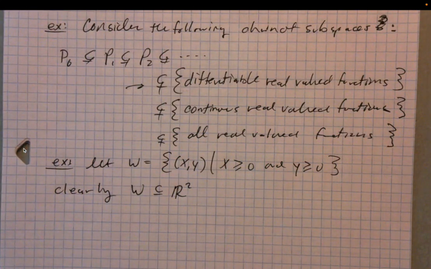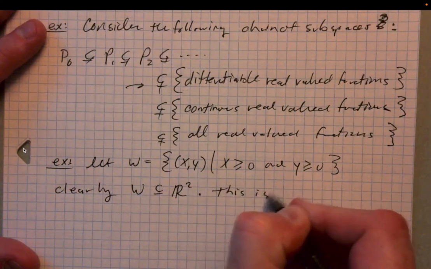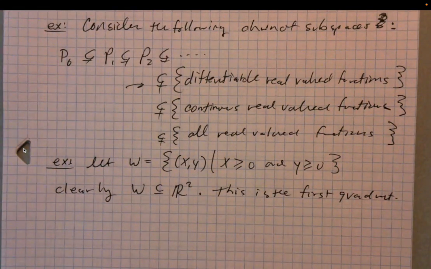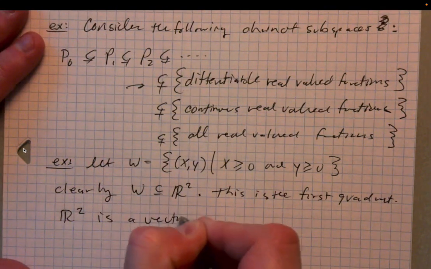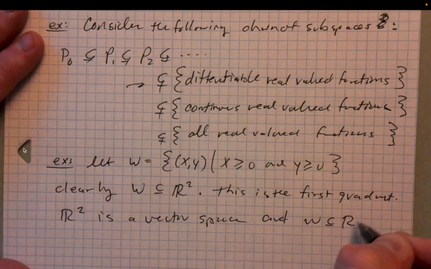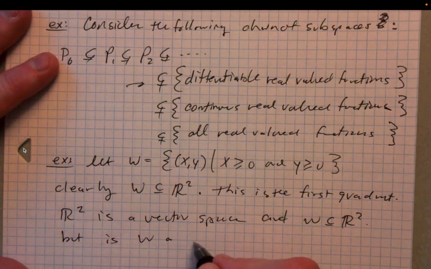If you take the plane, it's obvious that W is a subset of the plane, namely the first quadrant. But is it a subspace? R2 is a vector space, and W is a subset of R2, right? But is W a subspace?